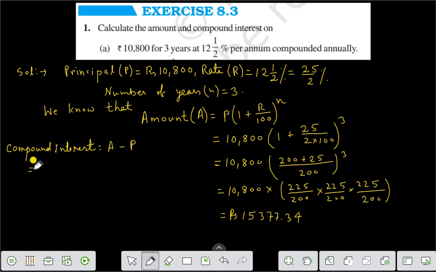That is equal to, amount is rupees 15,377.34 minus 10,800.